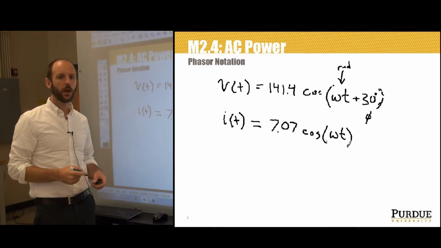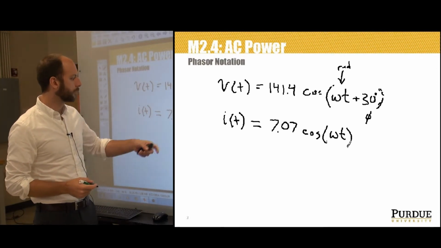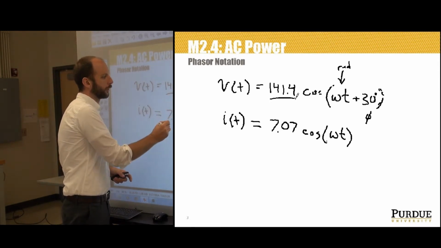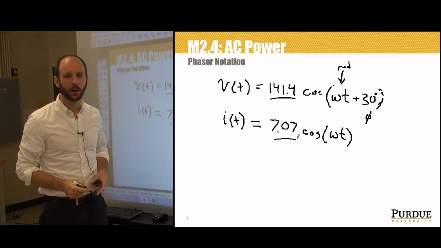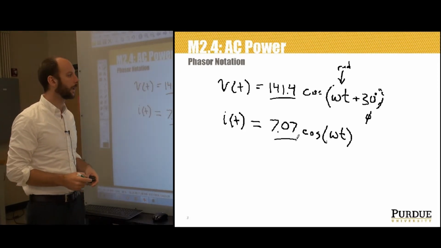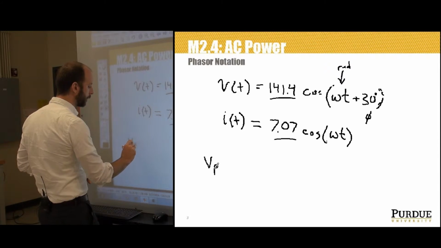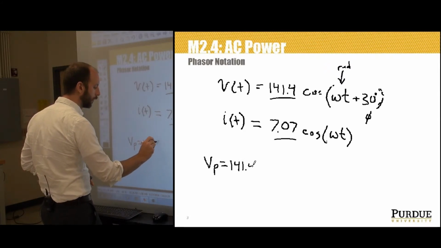So in this notation, the maximum value or peak value of the current is 7.07 amps, and the maximum value or the peak value of the voltage is 141.4 volts, right? The RMS values are then found just by dividing these quantities by the square root of 2. So V peak, capital V_P, is equal to 141.4 volts.